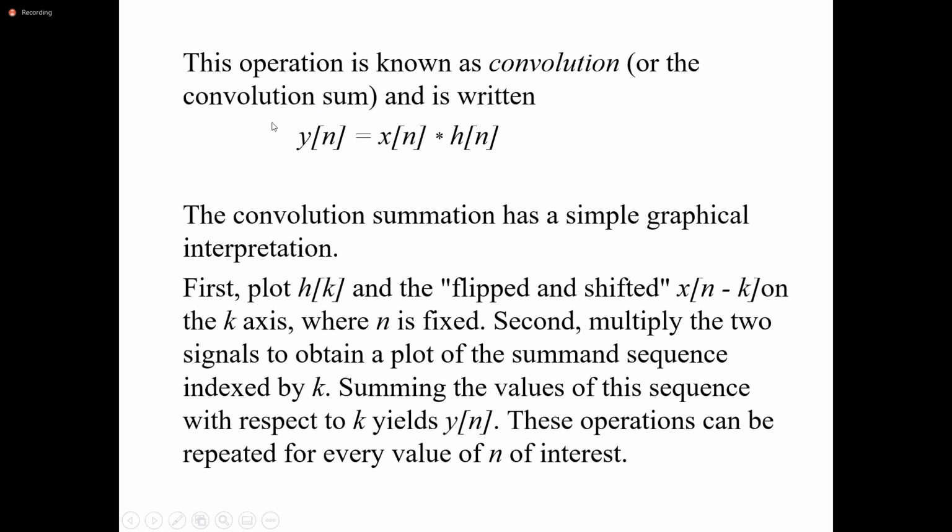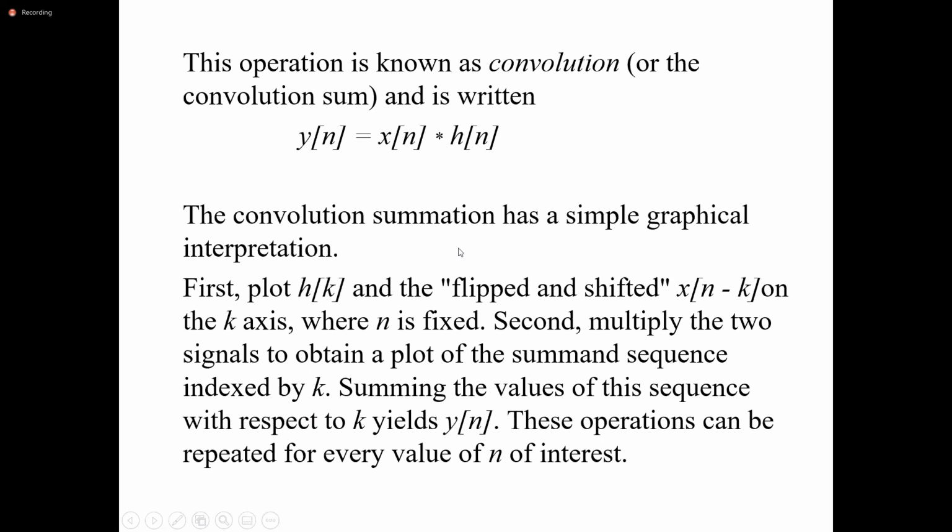In mathematical terms, it is written in this form here. In Matlab, of course, we can't use this expression here because that means multiply. But in Matlab, you just simply write CONV. Right, so our convolution sum is just written in shorthand like that.